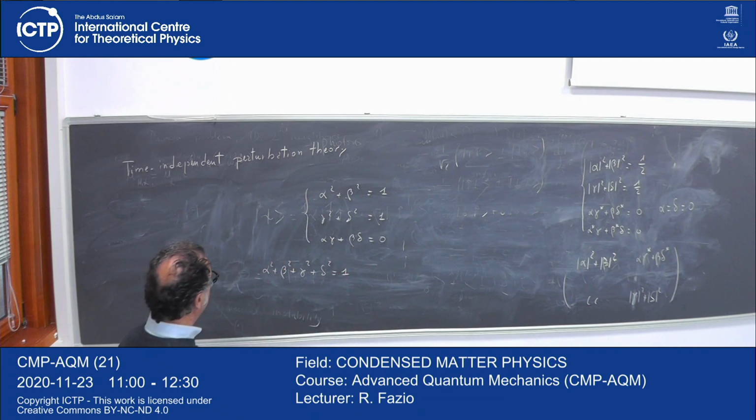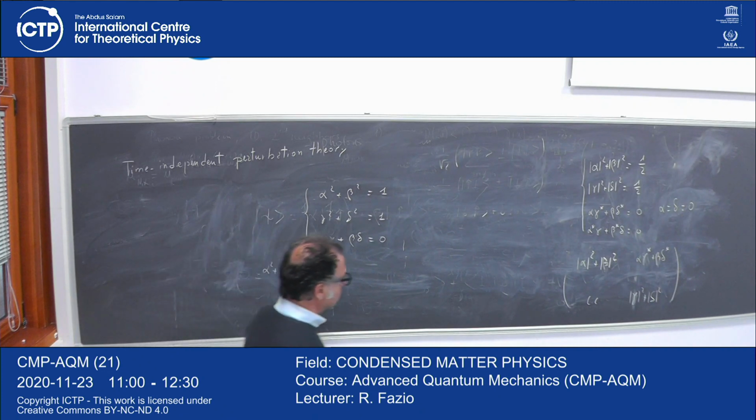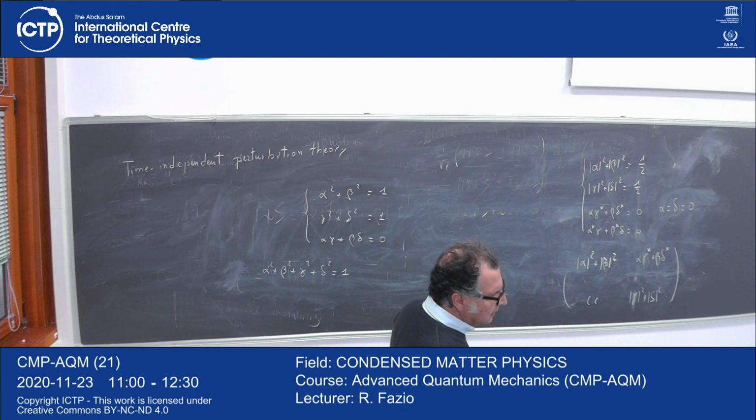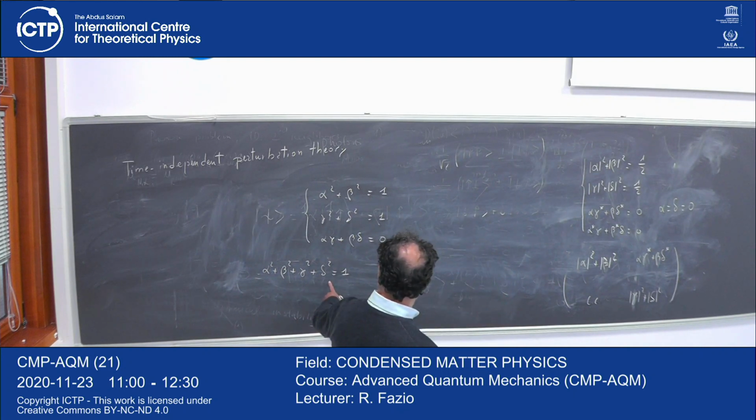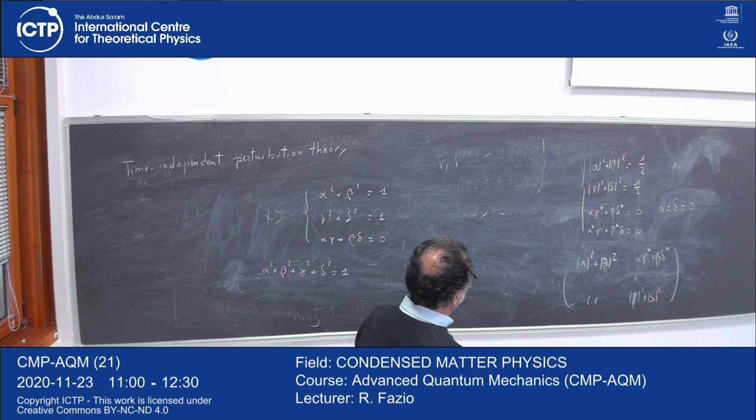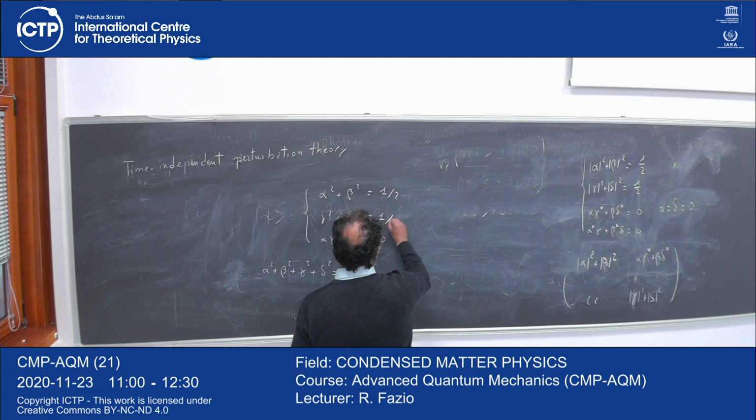I think that condition is not as strict as the two equations that you have written. Oh, sorry, Professor, you wrote the wrong equation. I think alpha squared plus beta squared is 1 over 2. Sorry, yes, it's 1 over 2.